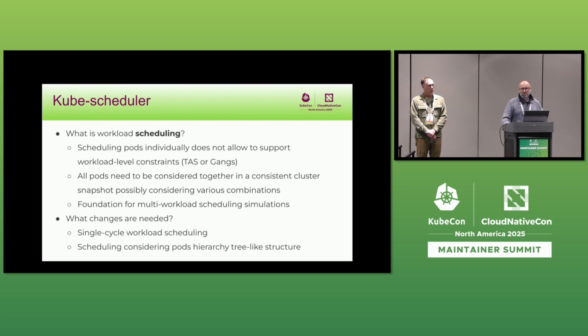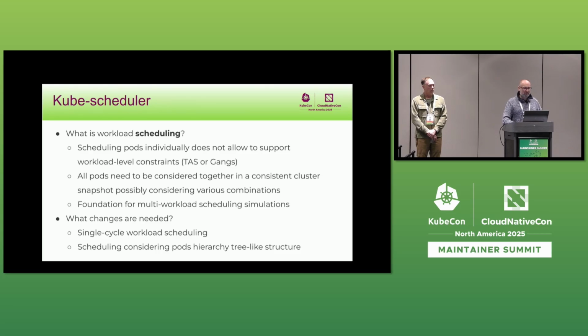We assume that it will be orchestrator components which will do such what-if simulations, but hopefully they will be able to use kube-scheduler workload scheduling capabilities to not solve the problem of workload scheduling in many places.